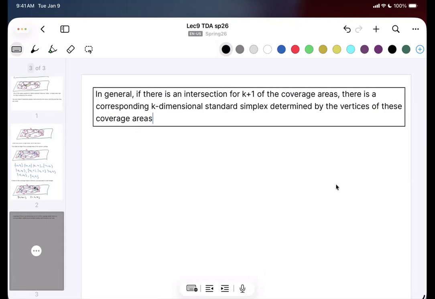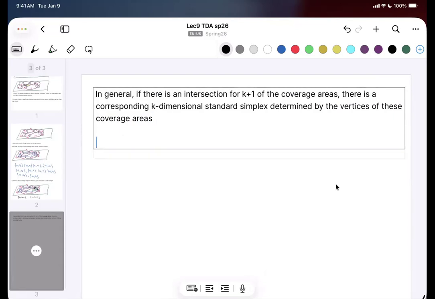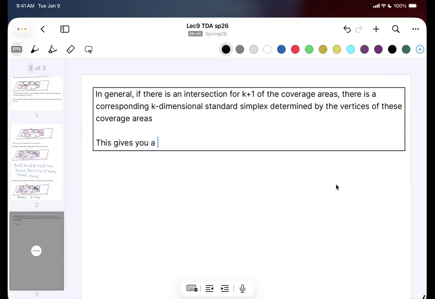And that does define a simplicial complex, which is called the Čech complex. It does satisfy the closure property.